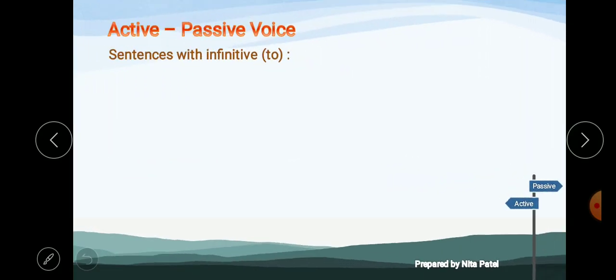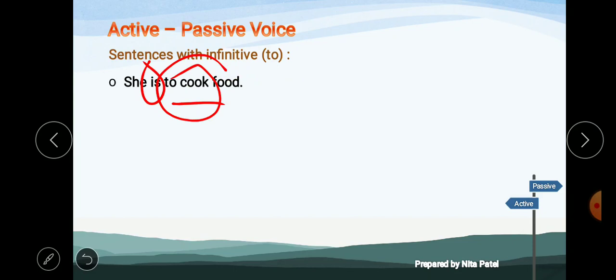Now sentences with the infinitive, that is to, right? So, she is to cook food. Look at this, she is to cook food, right? The verb is there and to cook. I hope we have discussed these infinitives in detail in transformation of sentences, so we won't discuss them in detail.